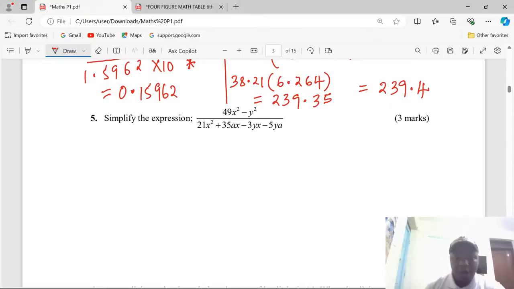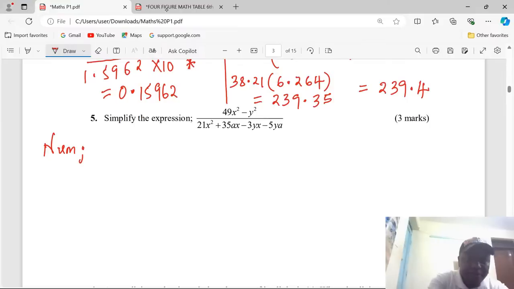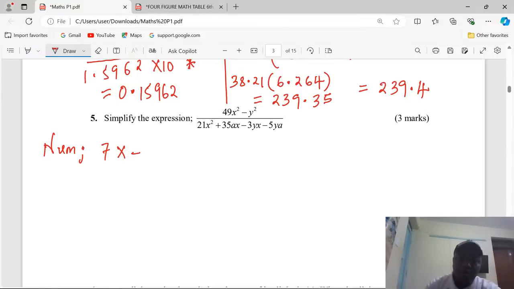5ya. Let's now simplify. Let's do the numerator first. The numerator is the difference of 2 squares. To factorize it, we need the square root of the first term, 7x. Then we subtract the square root of the second term, which is y, since it's y squared.